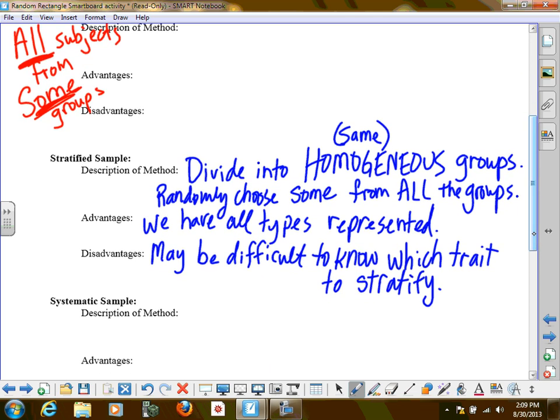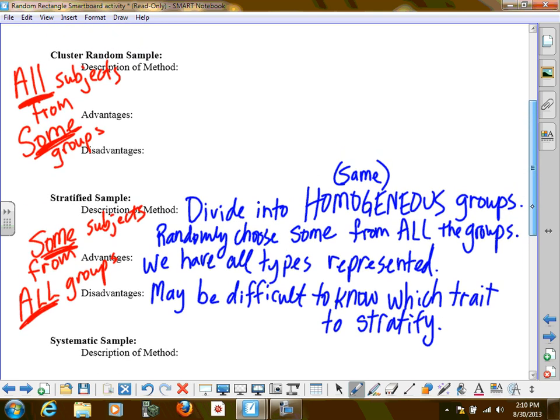Stratified, think of 9th, 10th, 11th, and 12th. I picked what? I picked some subjects, so I picked some people from all groups. Okay, so up here I had this nifty little thing, all from some, some from all.